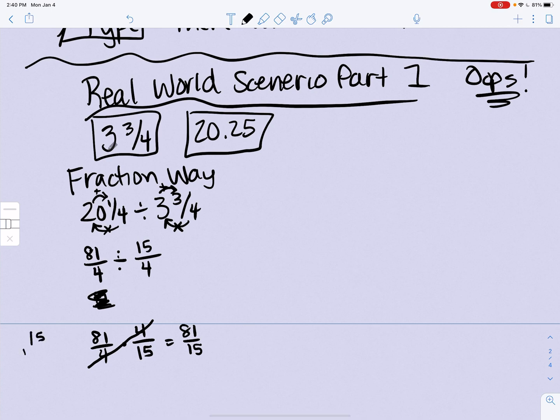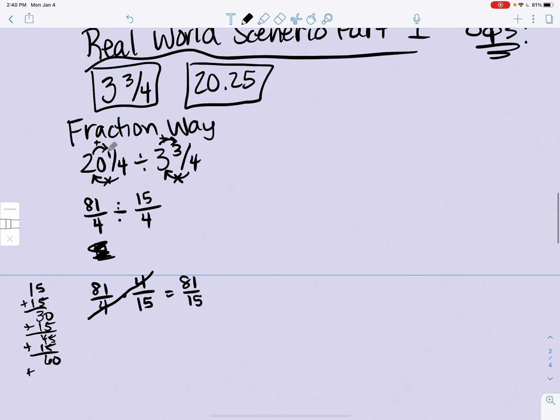Well, 15 plus 15 is 30. Plus 15 is 45. Plus 15 is 60. Plus 15 is 75. So it sounds like I get 1, 2, 3, 4, 5 wholes. And then I have how much left over? 81 minus 75. 6. We have a little bit left over.